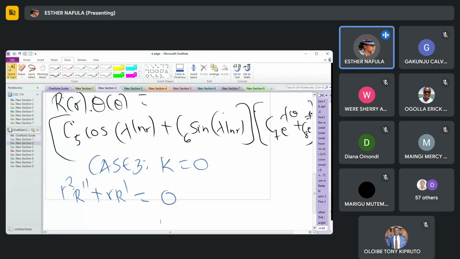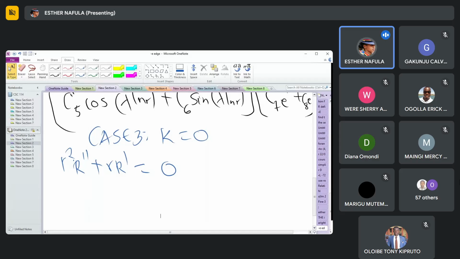That is the first equation. Equation 2 becomes theta double prime equals 0. So we need to solve these two. Take the product of the two solutions, and we'll have the general solution for the third case.